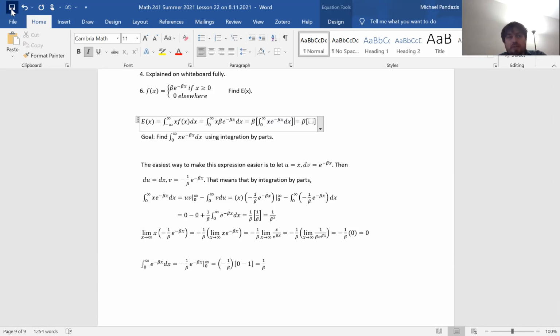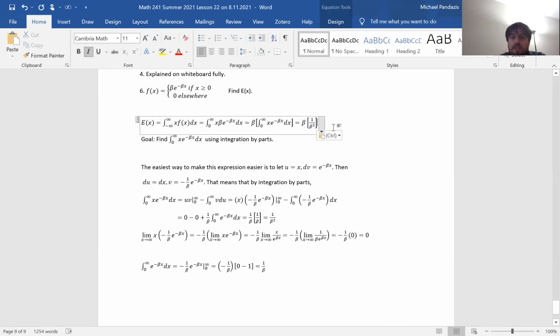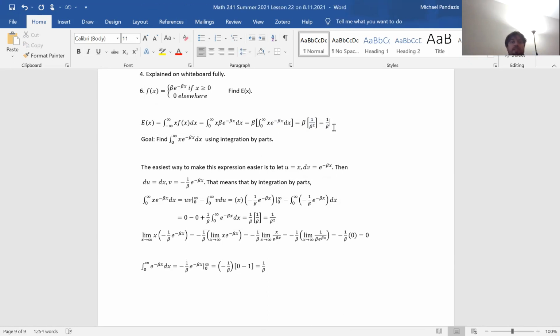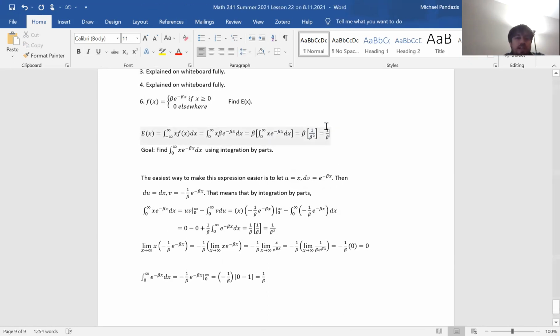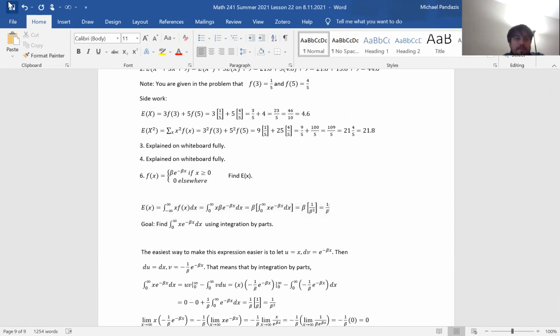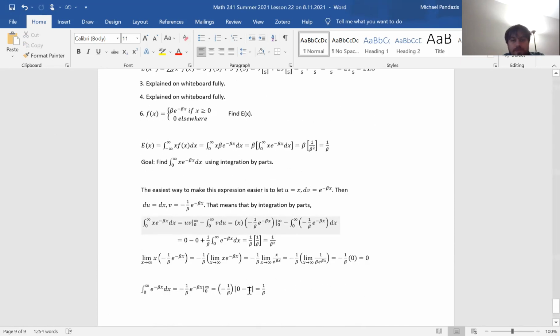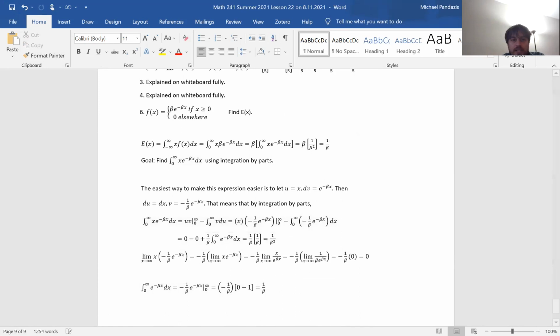You wouldn't normally put a bracket around here, but I'm putting it there. So this integral is 1 over beta squared, and so it's beta times 1 over beta squared, and that's equal to 1 over beta. And that's it. So E of X is 1 over beta, and that's the answer.